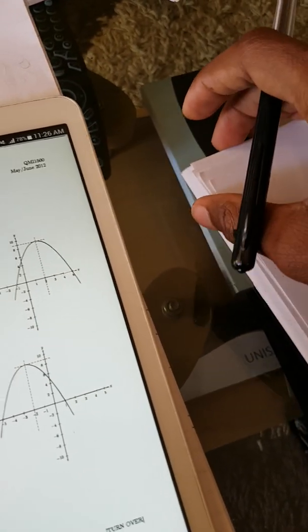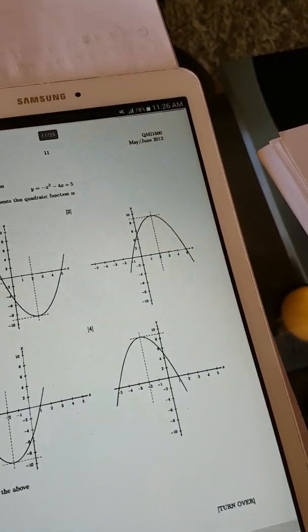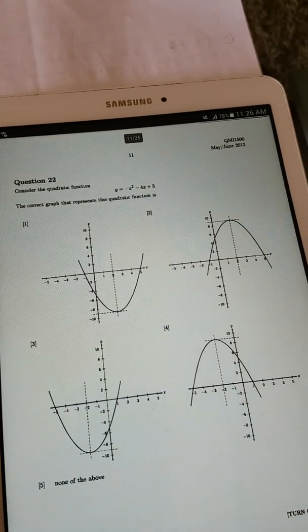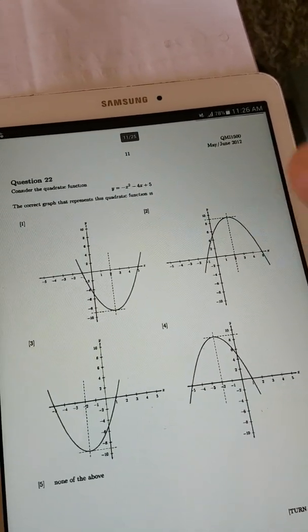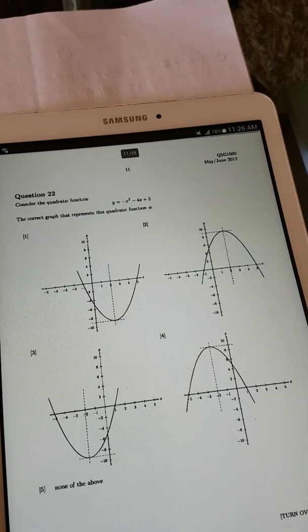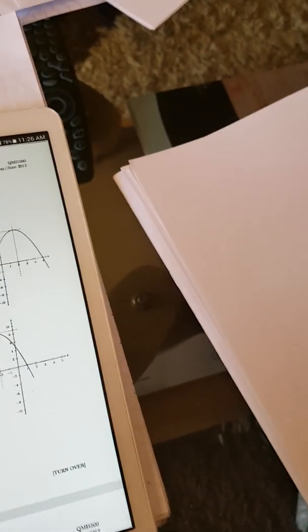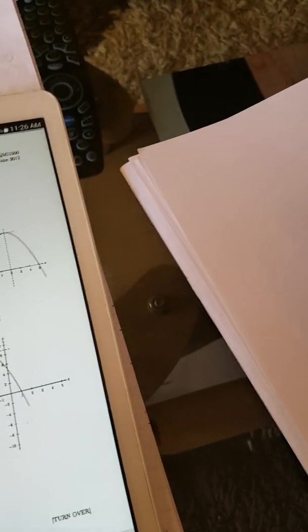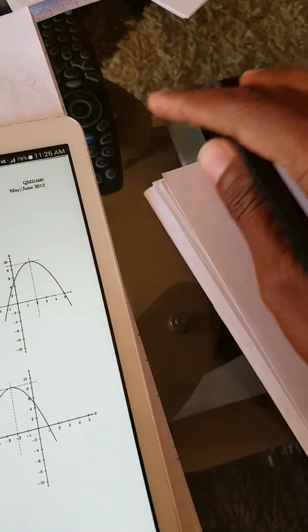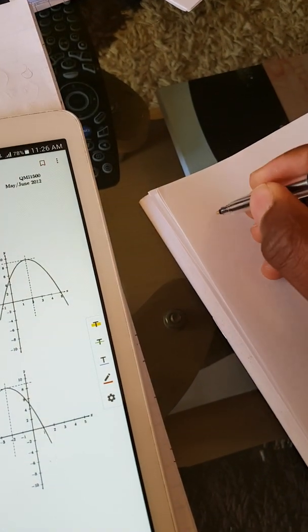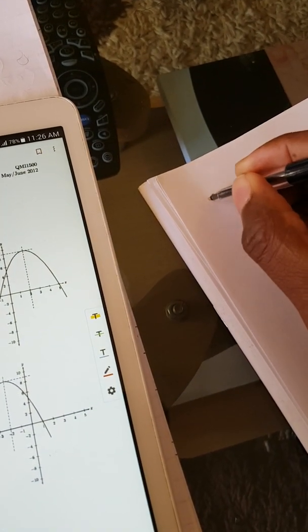Now I want us to do June 2012. This one is about quadratic function. We're going to calculate many things here. First of all, we're going to talk about what we call the a value.